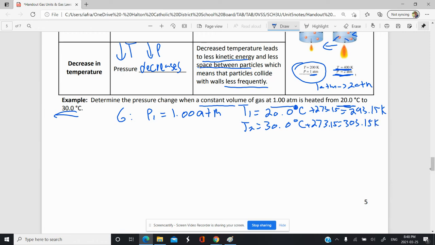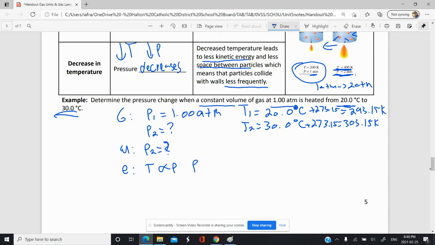And we're asked to find, well, what is the new pressure under that new temperature? So we've increased temperature. So let's write down our unknown here. First of all, the unknown is our pressure number 2, our final pressure. And this is one of those problems where we're looking at the temperature being proportional to the pressure.